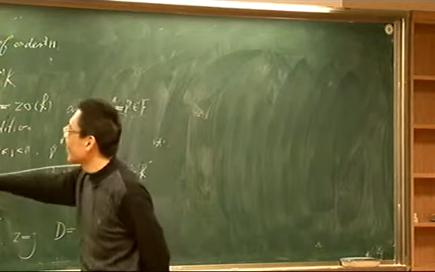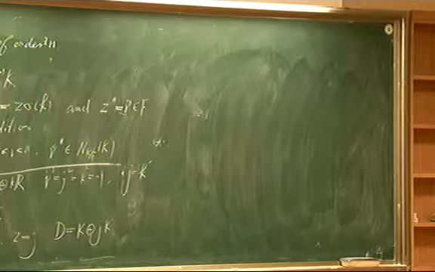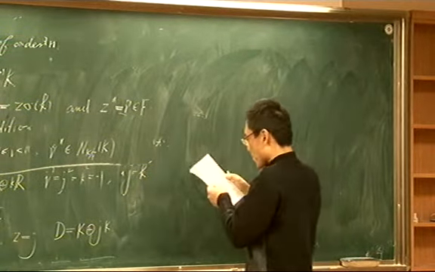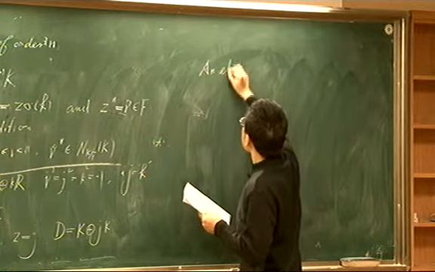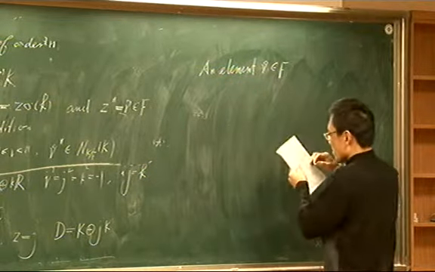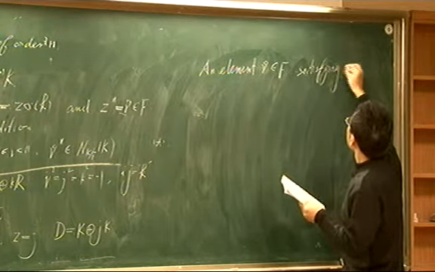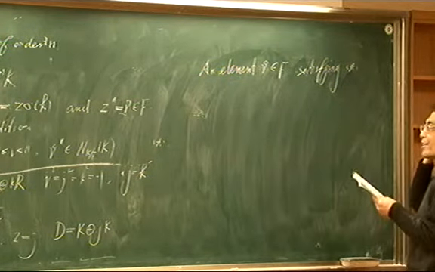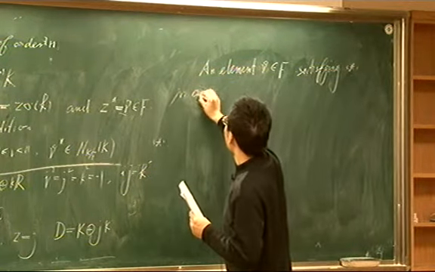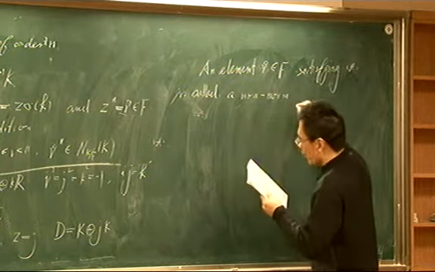So this condition gives a division algebra. Yes, you said right: if it satisfies this condition, it is a division algebra. An element gamma belonging to F that satisfies star, this star is very interesting, is called a normal element.